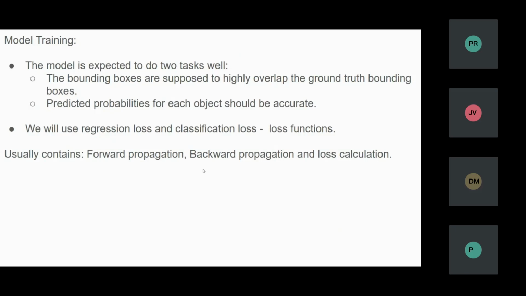We are dealing with annotated images, where we know what the output is, and depending on that, the model has to predict outputs which should highly overlap with the ground truth bounding box. Ground truth bounding box basically means the real value of the bounding box, and the model should also be predicting the object accurately.